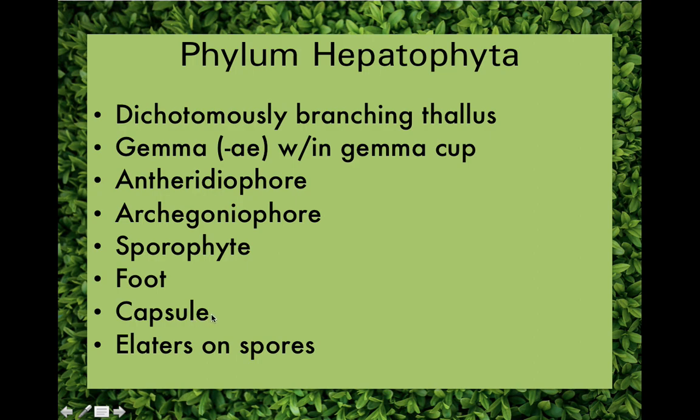Inside the capsule is where the spores are produced, where meiosis occurs. And then when the spores are produced, they have structures on them called elaters. And these elaters help the spores to disperse. They catch the breeze, and they can also help the spores to find a place to anchor, or can anchor them to the ground.